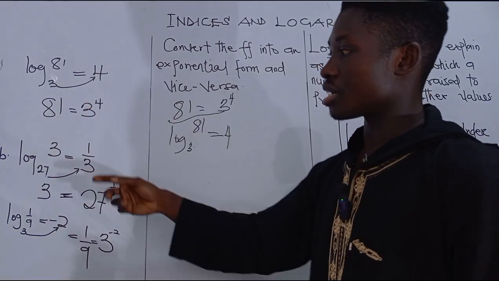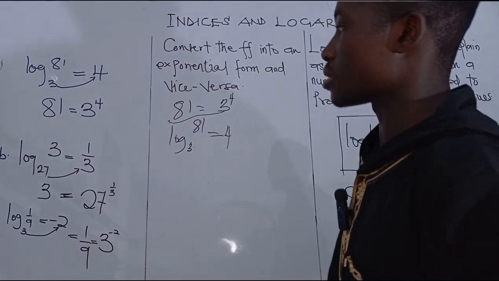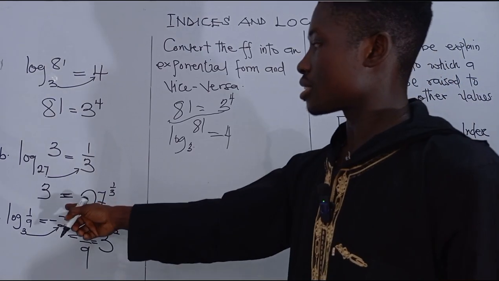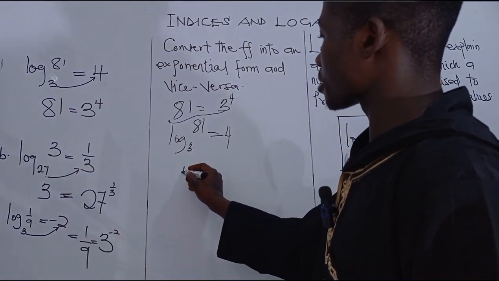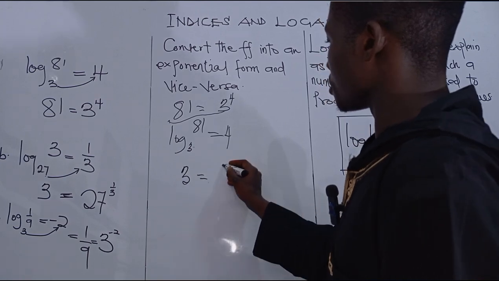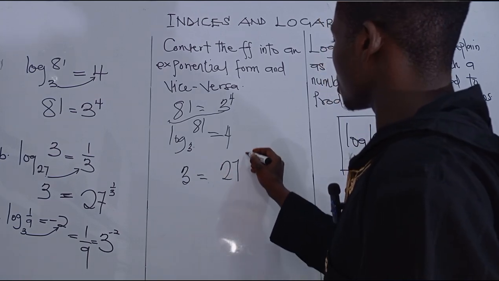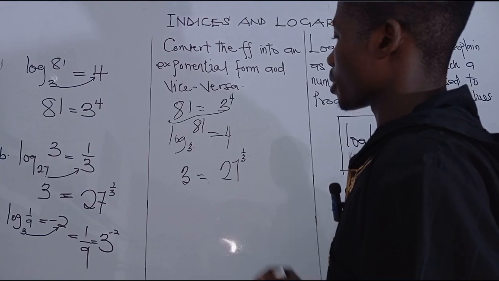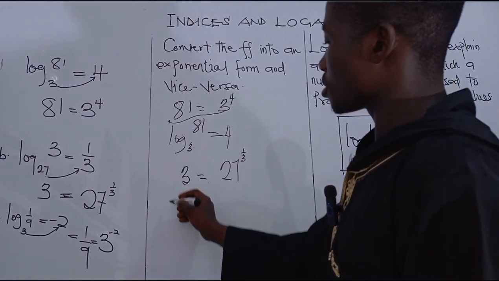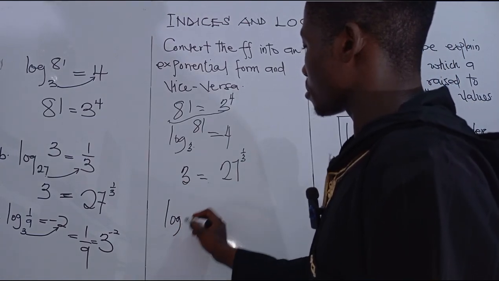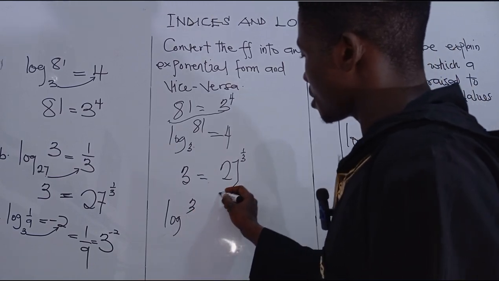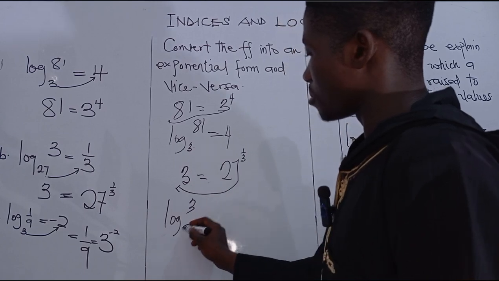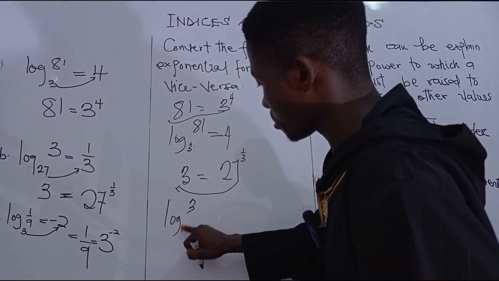Now let's look at the last one. You can try your hands on example C. You want to write this in a logarithm form. So we are having 3 is equal to 27 raised to the power 1 over 3. So we are going to introduce logarithm on 3, then the base will move and become the base of the logarithm.